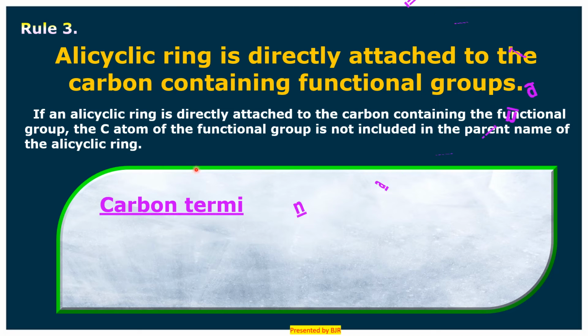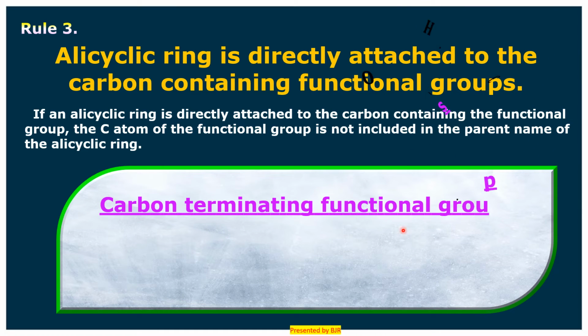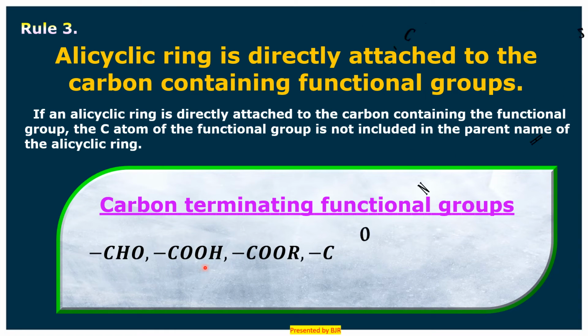So these are the carbon terminating functional groups: CHO, COOH, COOR, CONH2, C triple bond N, COX. X means halides: fluorine, chlorine, bromine, etc. So these are the carbon terminating functional groups, or chain terminating functional groups.